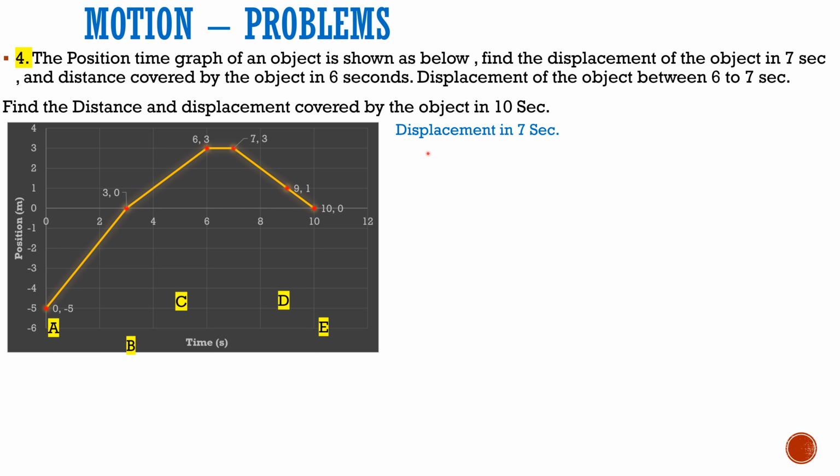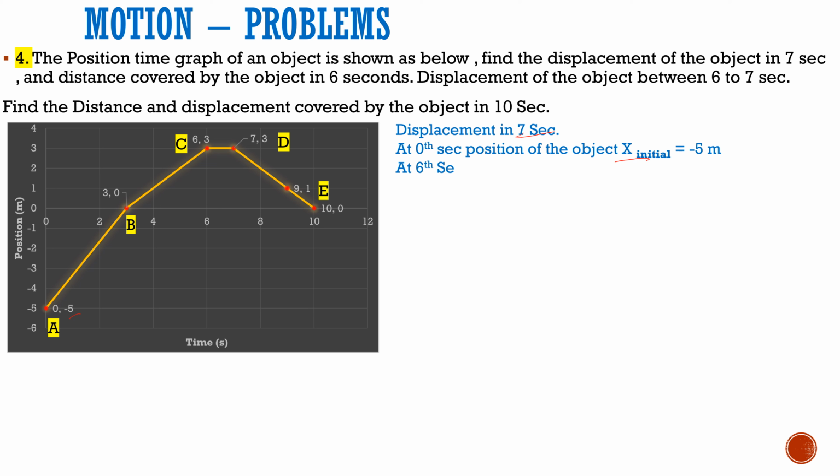So displacement in 7 seconds. We have given names to each of these points. So what is 7 seconds? 7 seconds is here. At the 0th second, we have the initial position, -5, as already noted. And by the end of the 6th second, we have the final position, 3 meters.